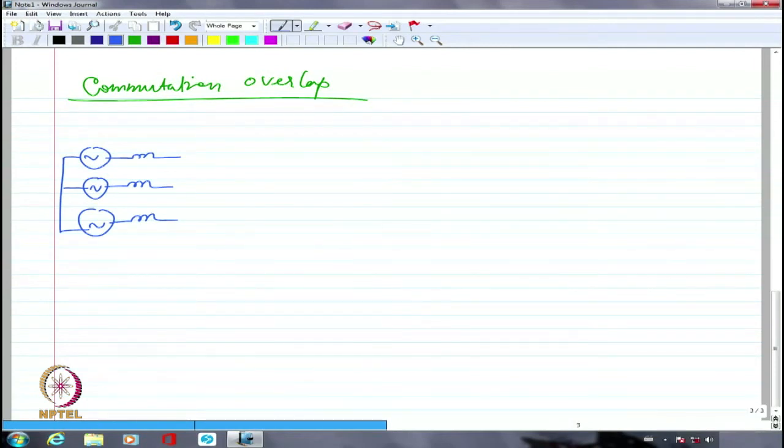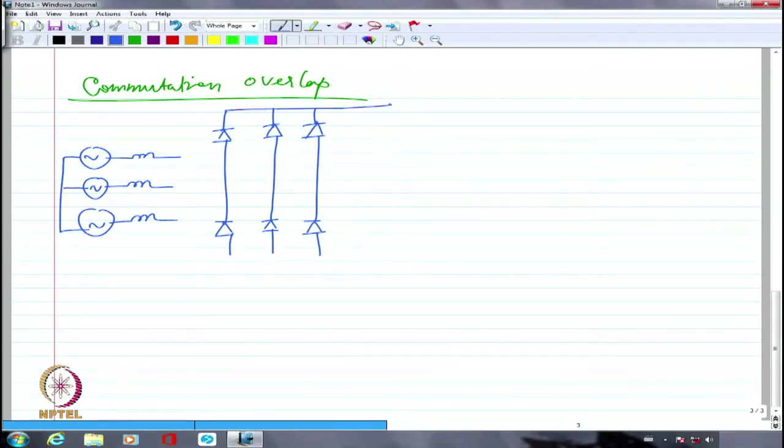Now I have my converter. I'm showing, of course, one converter. There can be n number of converters like this connected, but I'm showing one converter connected here. And let's say it is connected to some kind of highly inductive load.